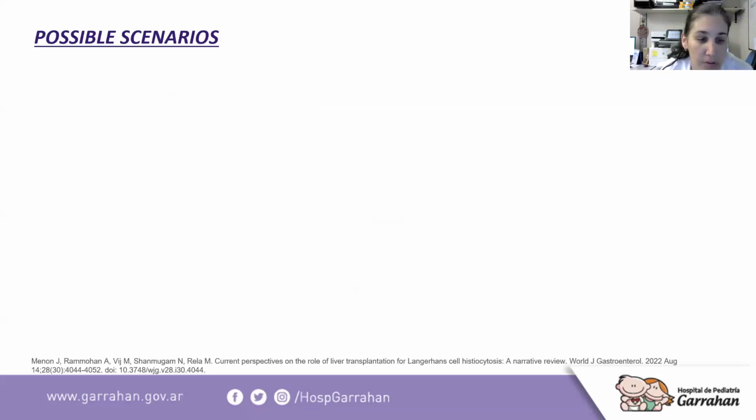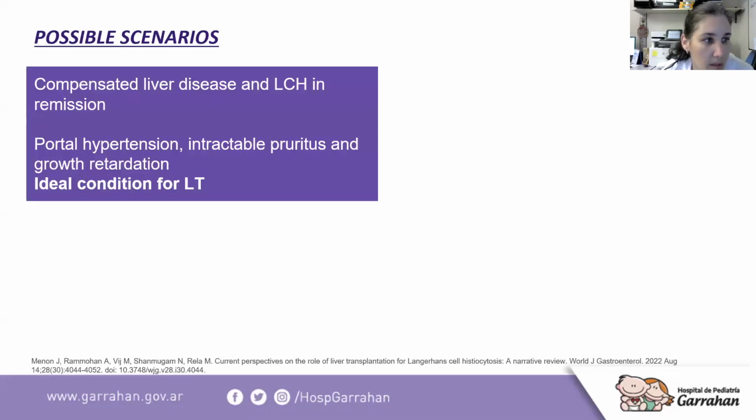So we have 4 possible scenarios. The first one is when we have compensated liver disease and the LCH in remission. This is the ideal condition to perform the liver transplant. We do need to consider the complications that might occur due to portal hypertension or even the pruritus and growth retardation.